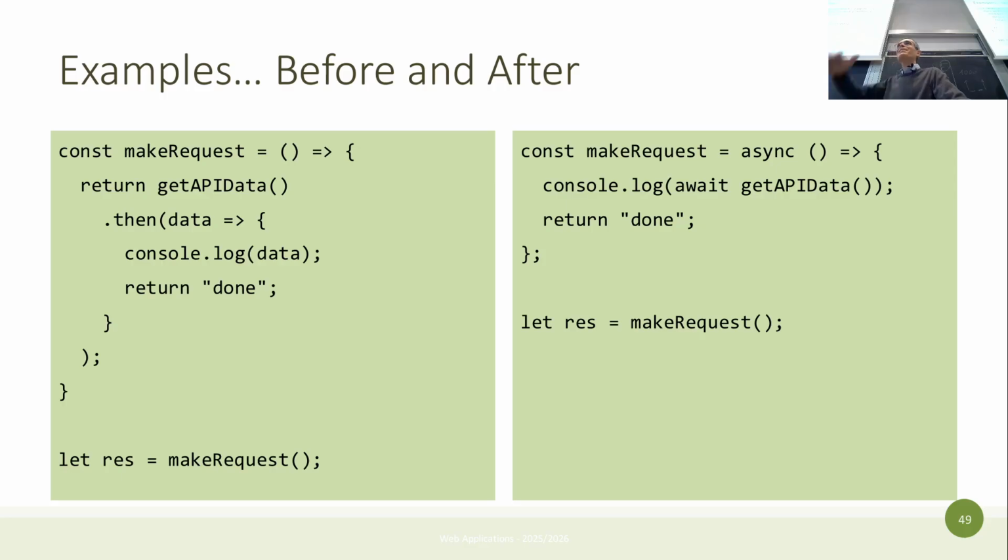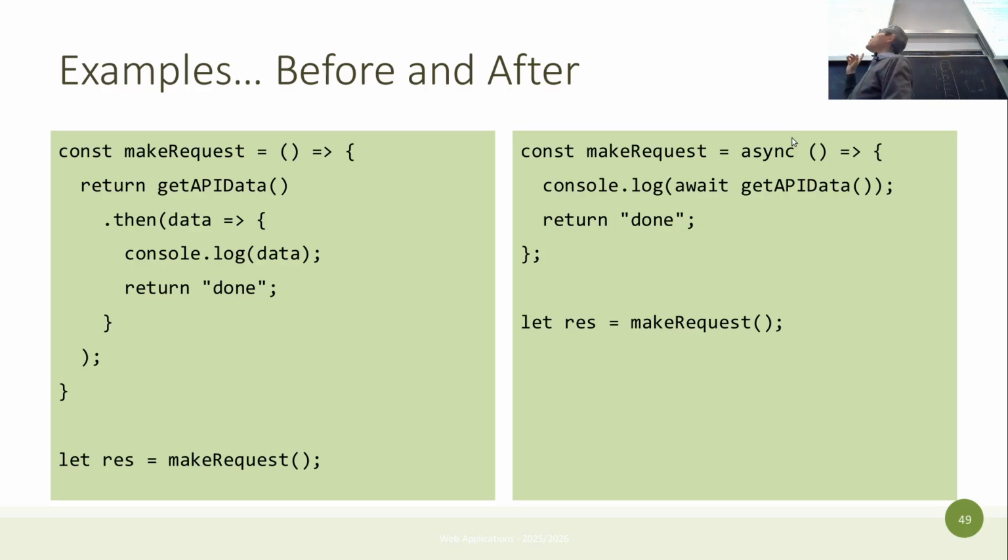So it's nice to write callbacks, but at a certain point they confuse the code, okay? Because you need to think this is a function, this is a callback, this will be called later, and so on, okay? So if you can write the code in these terms, await with a function, that's much easier to read, okay? Just remember that the surrounding function has to be async, as we said.